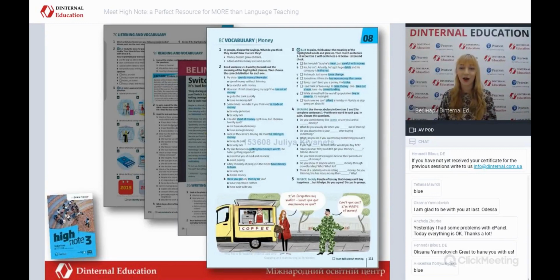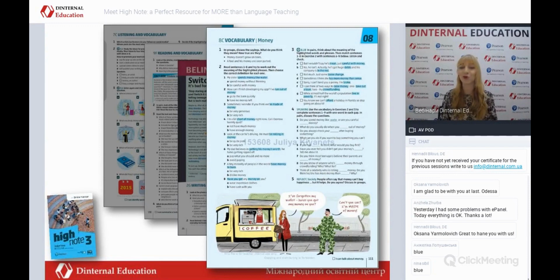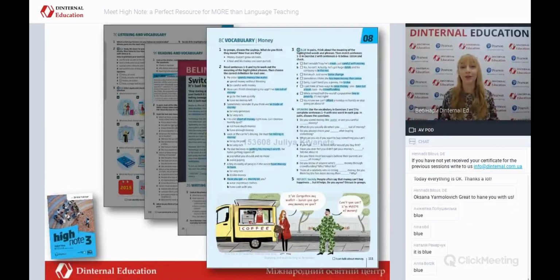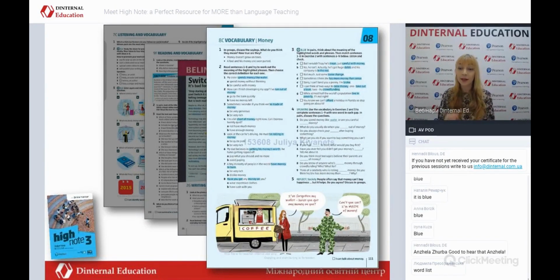Can you guess? Okay, so once again, blue is mentioned, you're right. So what is blue here? Yes, Natalia, it is all blue. The whole page is blue. So you will be able to very easily, very quickly find this vocab lesson to see the key, the nuclear set of vocab for this particular unit. It is always on this blue page, on this vocabulary lesson.